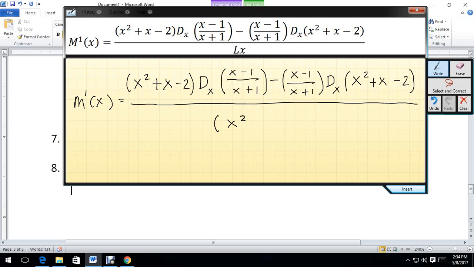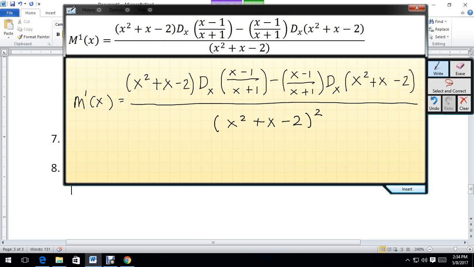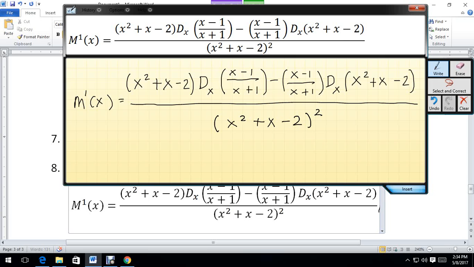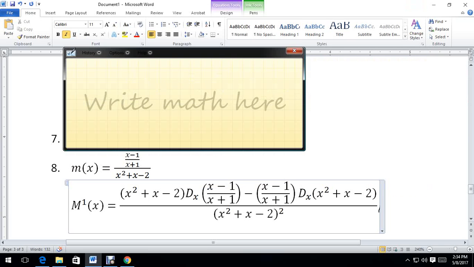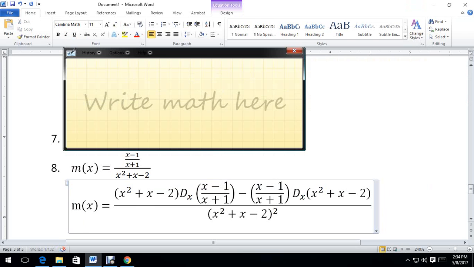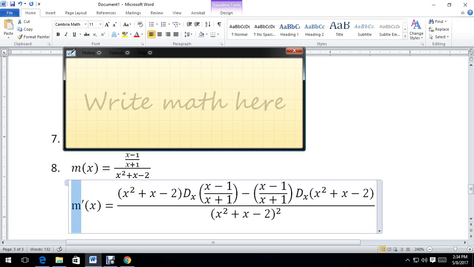So you have x squared plus x minus 2 squared. Okay, so this would serve as our basic form. Okay, so let's try to insert that. So you have m prime of x. Again, this is low derivative of high minus high derivative of low over low square.